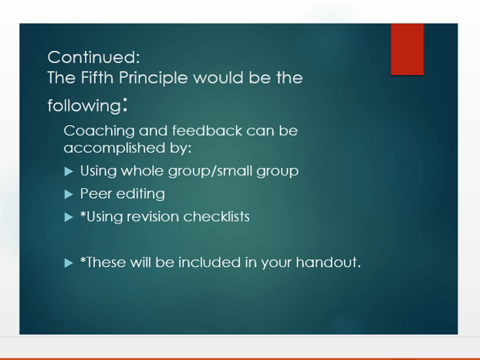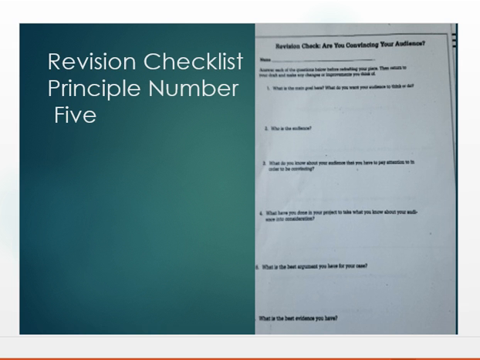The teacher could pair students together to review one another's articles, writing pieces, essays, or the teacher might encourage students to self-reflect on their writing pieces by using revision checklists. And these checklists are actually included in your handout packets. So in case you're not sure, this is a picture of the revision checklist for principle number 5.